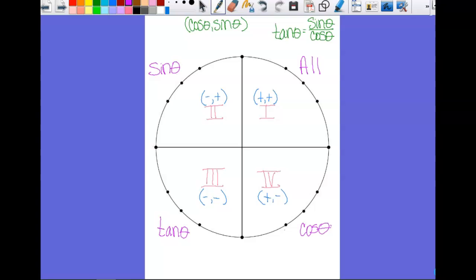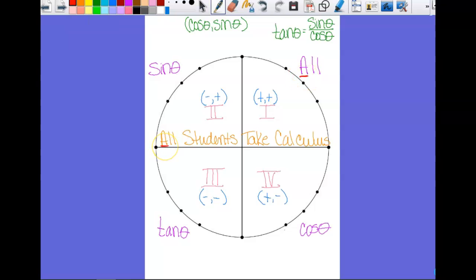And here's how you can know this and hopefully not get it mixed up. There's a little phrase here too. All students take calculus. Okay? So in the first quadrant, they're all positive.